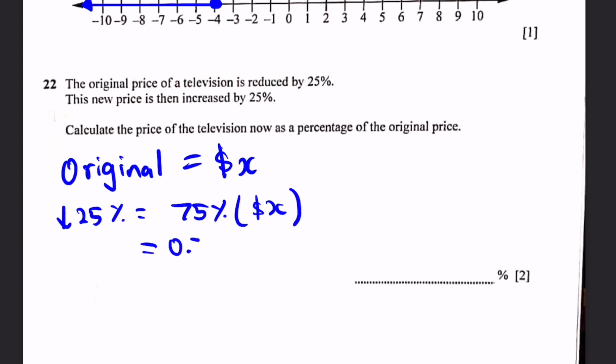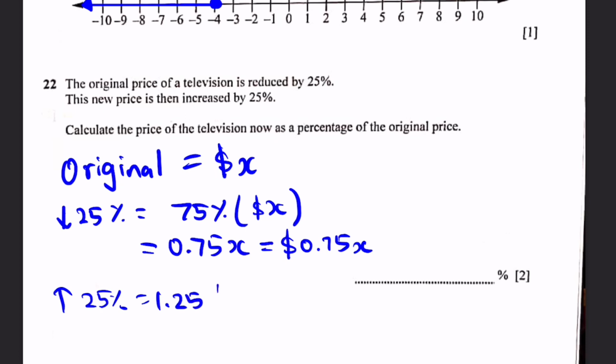That would be 0.75x, which is in dollars. And then when we go up 25%, it is 1.25 multiplied by 0.75x, because we are increasing by 25%. 1 plus 0.25, it is 1.25.